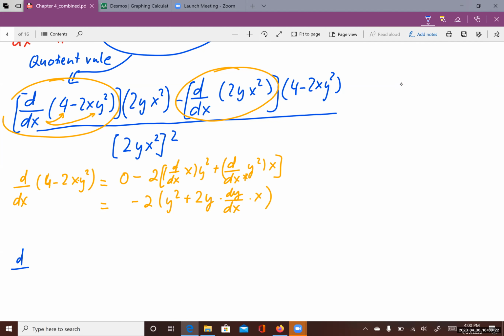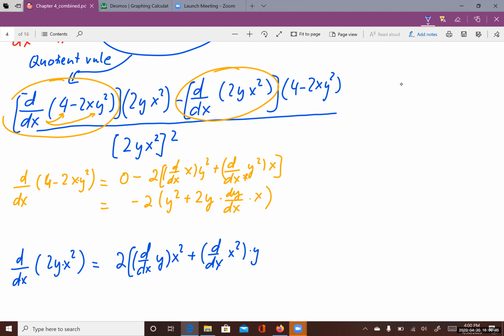So you have d/dx of 2y x squared. Using the product rule and the constant multiple rule, it's going to be 2 times d/dx of y times x squared plus d/dx of x squared times y.